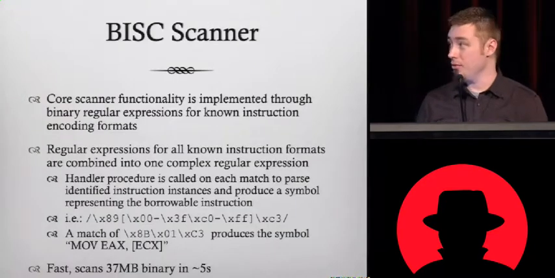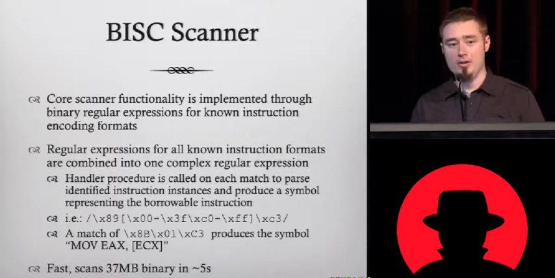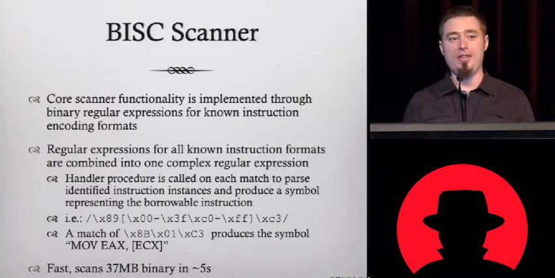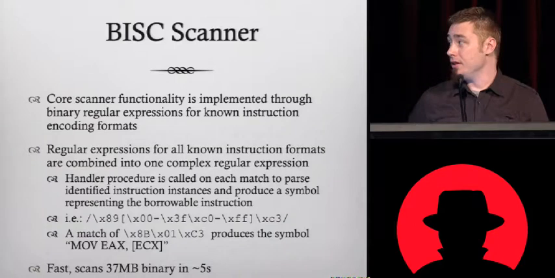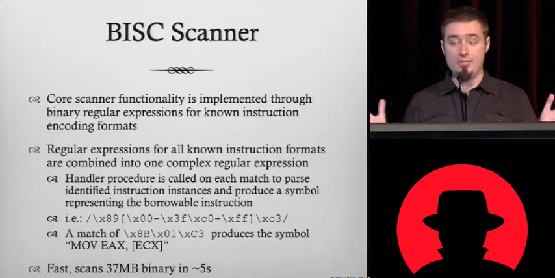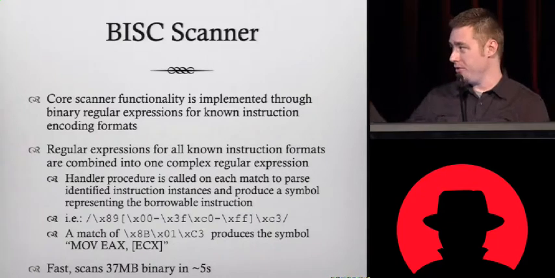Basically, the way the scanner works, I'm being fully transparent about just how ghetto this actually is. The secret to doing return-oriented programming fast is binary regular expressions, because I don't care about looking for every possible instruction. I just care about finding the small number of ones that I need. So I took the instruction encoding for the standard arithmetic operations, data transfers like move, and a few others, pushes and pops and so on, and combined those into a regular expression for the instruction encoding.